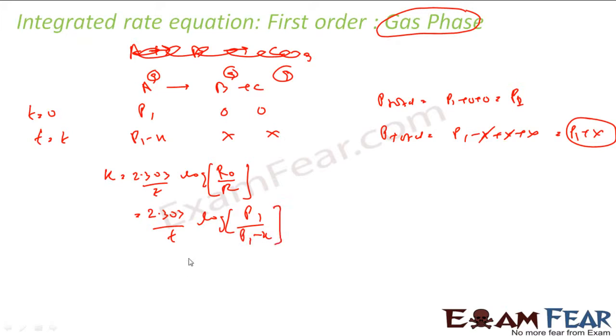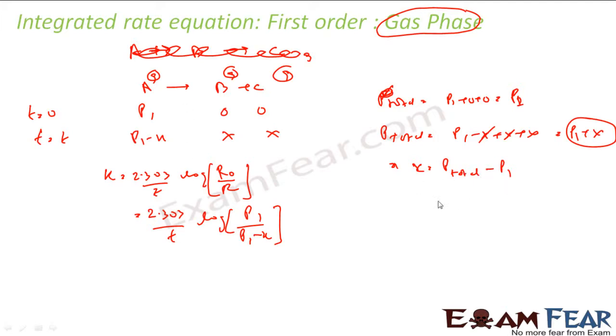The only trick we will be doing here is, instead of X, we know that X we can write in terms of P total. So let the initial pressure be P1, and P1 plus X is P total, the final total pressure. So X is nothing but P total final minus P1.